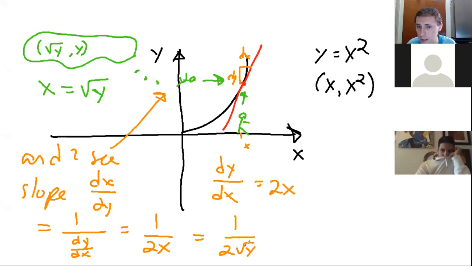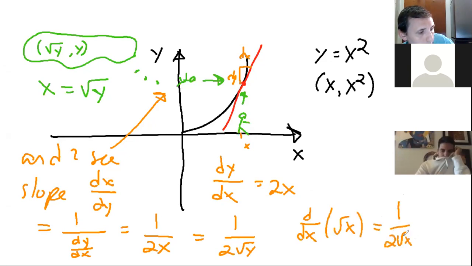And this is just different labeling. So then I know, for example, that d/dx of root x is 1 over 2 root x. It's just in terms of symbols, because d/dy of root y is 1 over 2 root y. The symbol doesn't matter. Yes.